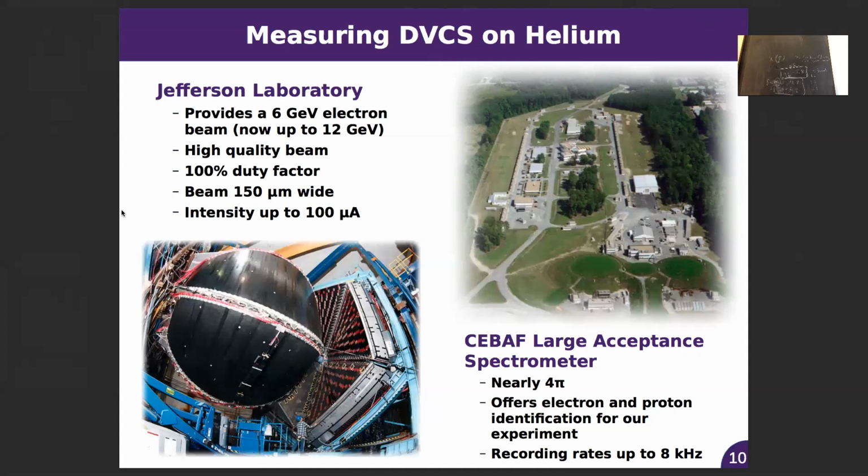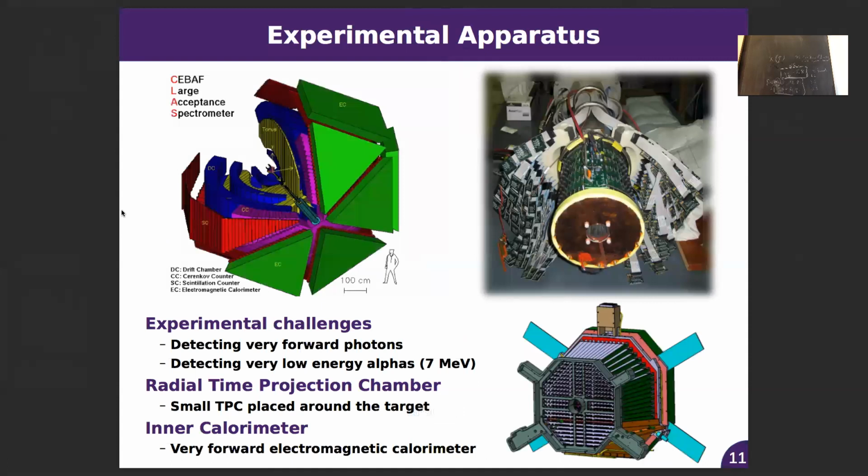Okay, so I'm not going to talk about JLab much, just to say that these experiments are in CLAS, a semi-large acceptance spectrometer. The challenge here is that it is an exclusive process, and usually people experimentally measure an exclusive process by missing one of the particles and reconstructing it through missing mass and missing energy.